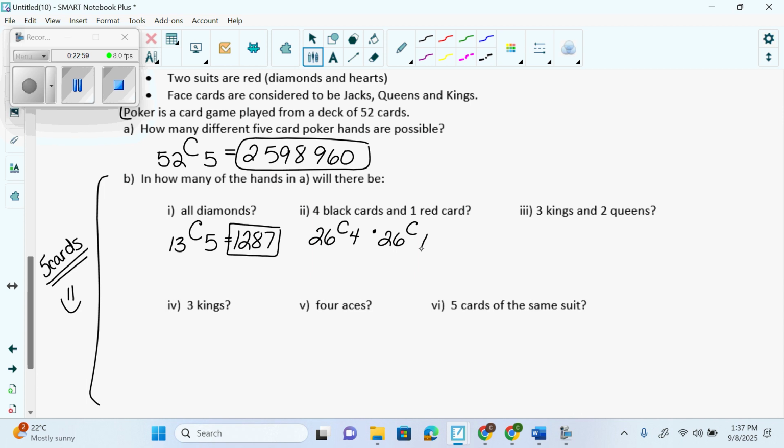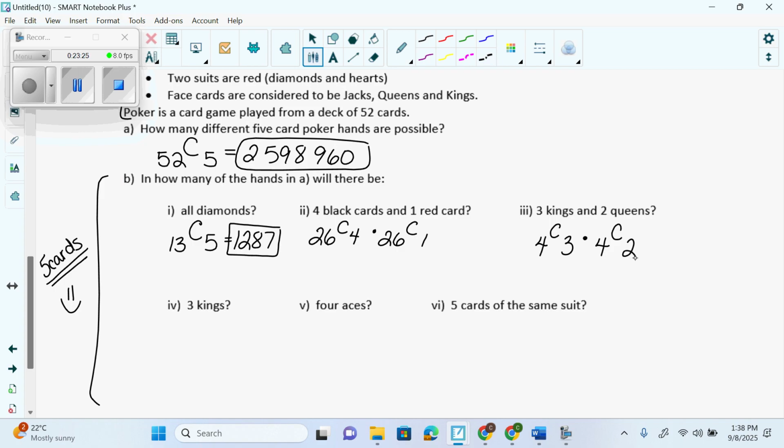3 kings and 2 queens. How do I guarantee getting kings? From the kings. And 3 and 2 is 5, so we're in a good boat. So we have 4 kings, we choose 3. How many queens are there? 4, and we choose 2. Okay, what's the problem with 4? There's only 3 cards.